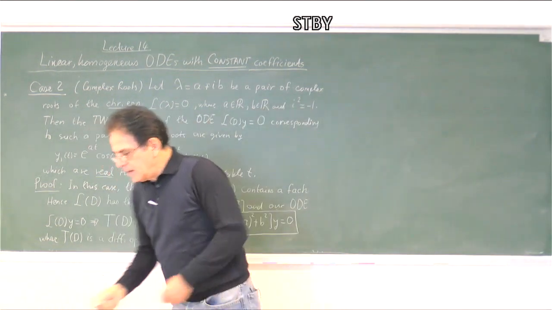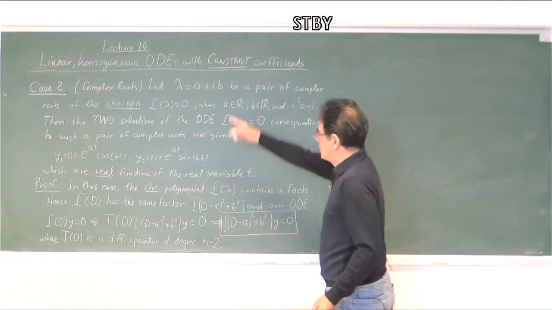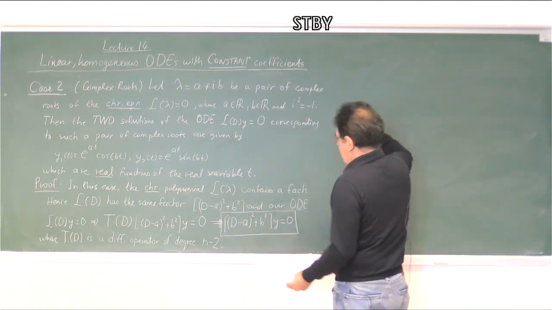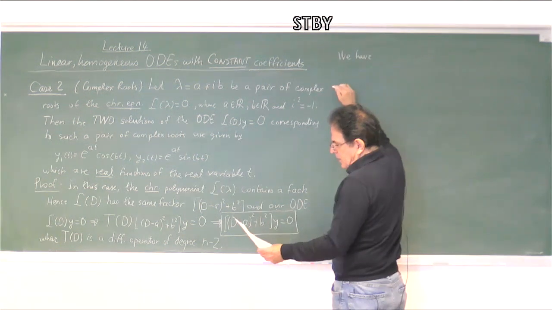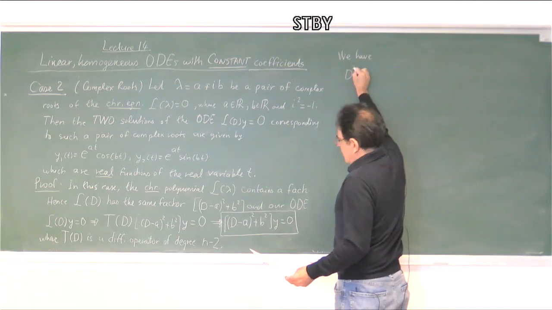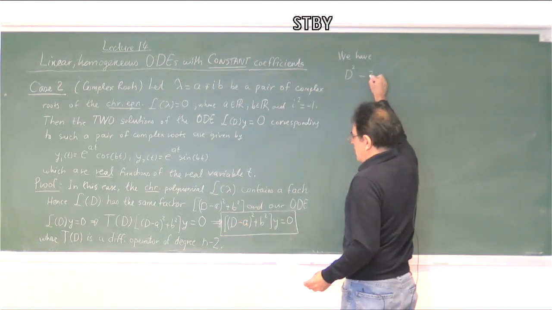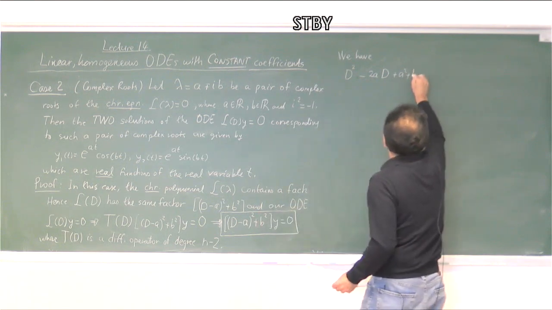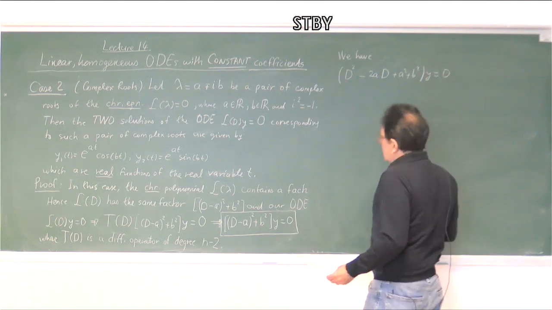A solution must be a solution of this second order equation, and therefore we have this ODE written explicitly: d squared minus 2ad plus a squared plus b squared, applied to y, is 0.